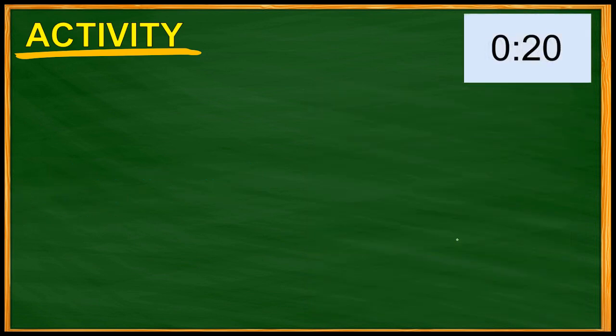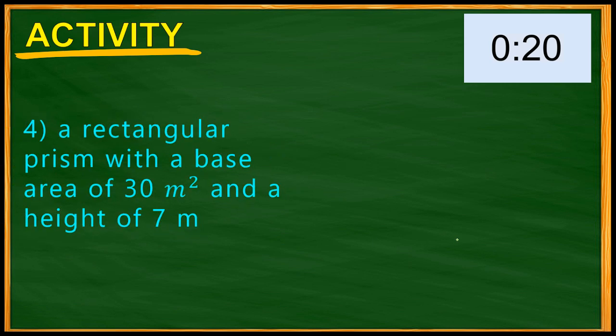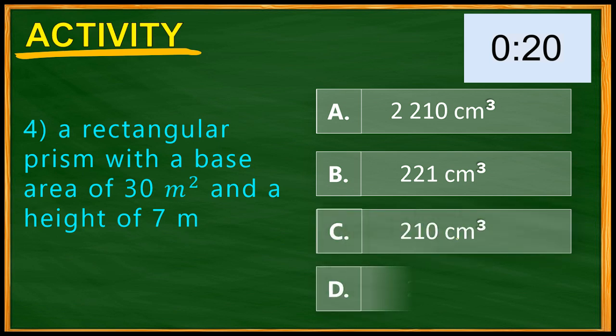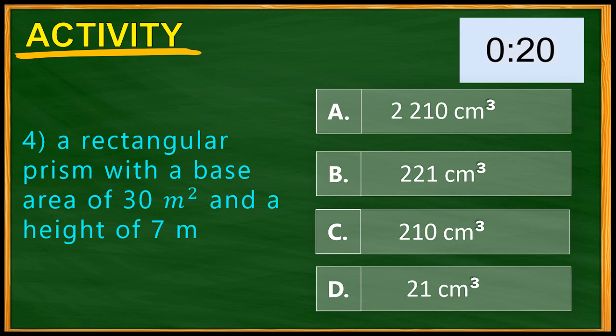Then for number 4, a rectangular prism with a base area of 30 square meter and a height of 7 meter. You're going to solve for the volume, letter A, B, C, and D. Your timer starts now.